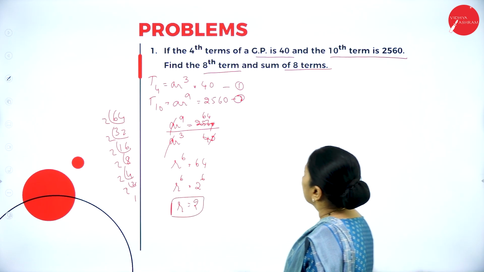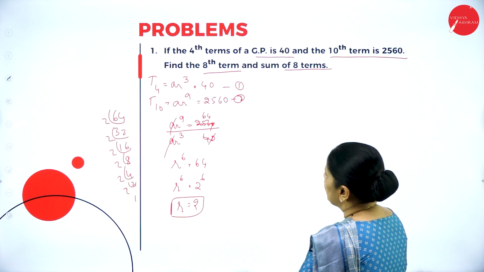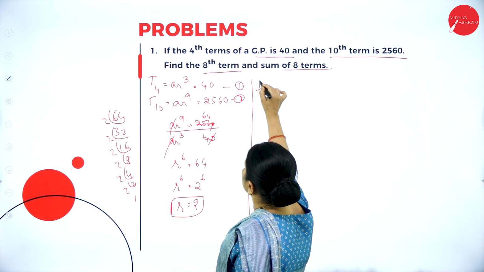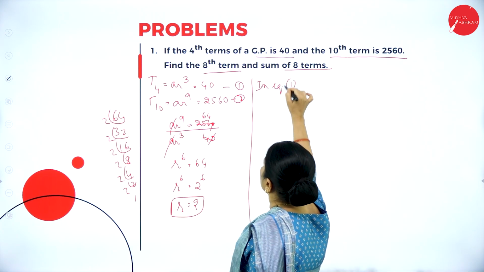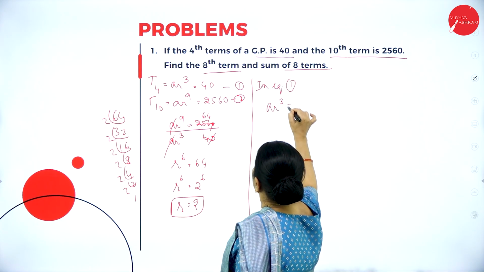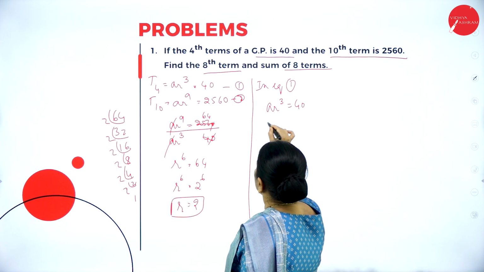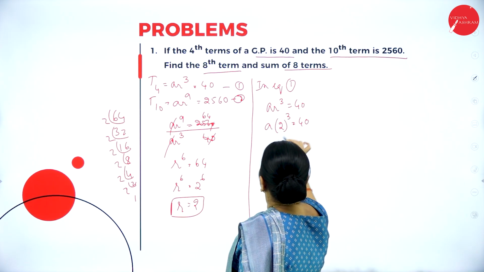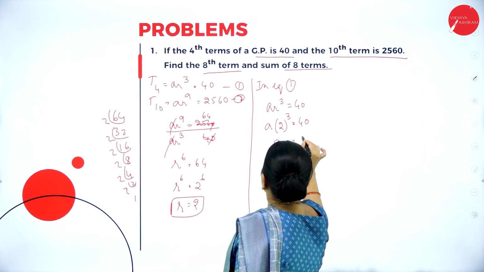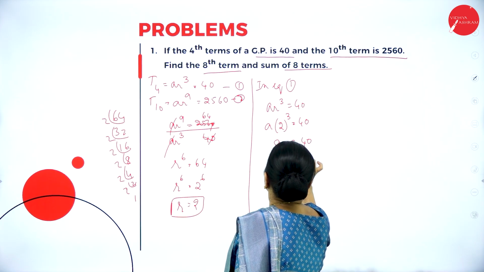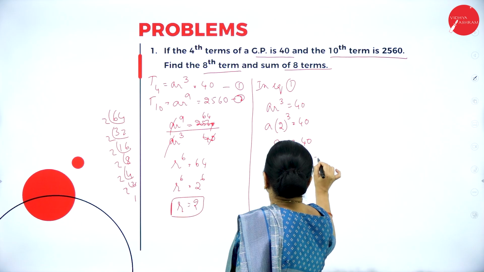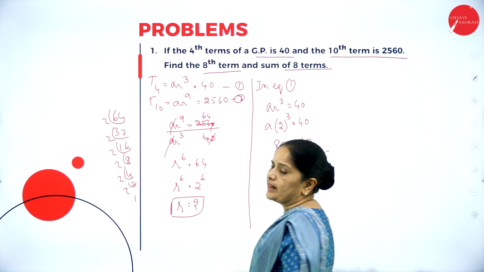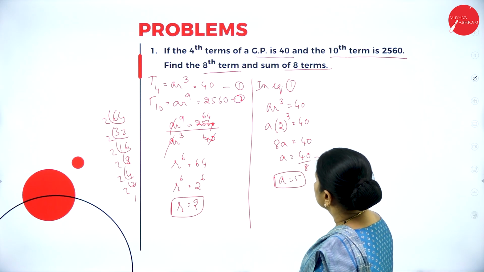Now I'll substitute here in equation 1. AR cube equals 40. A into 2 cube equals 40. 8A equals 40. A equals 40 by 8, or A equals 5.